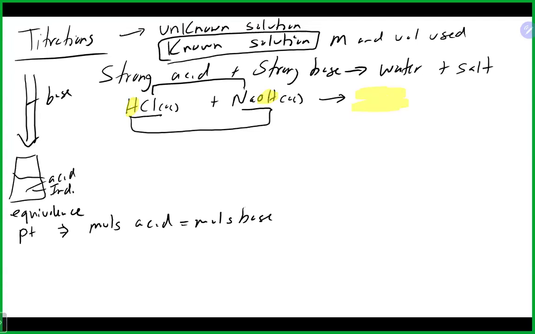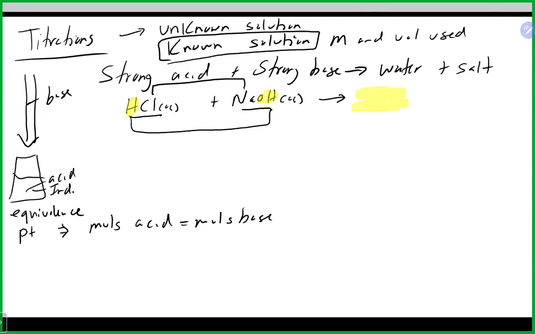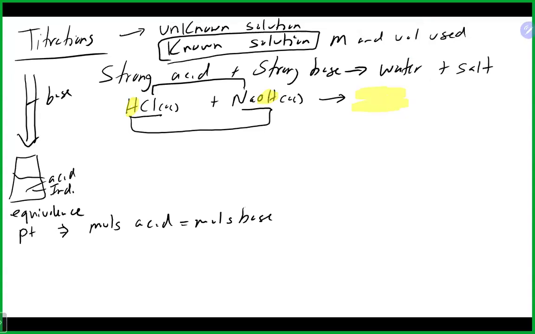And that typically is where we form our water from. And water is, again, one of the 3 reasons why a reaction takes place. So we'll form our water. And our salt, which is really just an ionic compound, is basically what's left over. Those guys will come together and make our sodium chloride, which is our salt in this case.